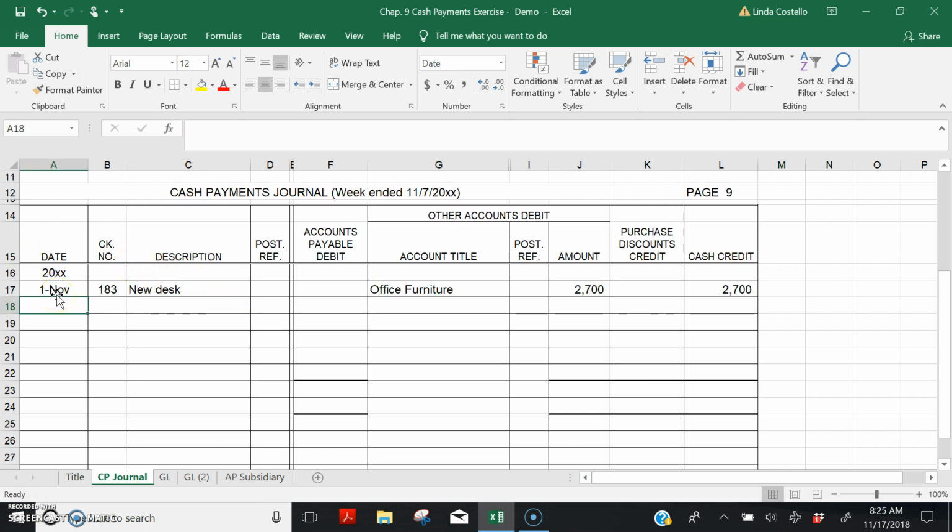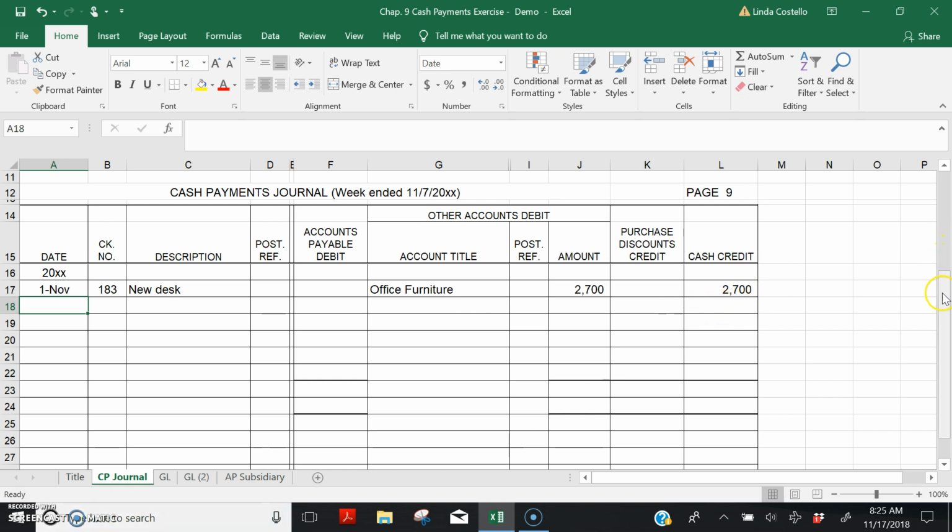Date November 1st, check number 183, description new desk, account title office furniture, debit $2,700, cash credit $2,700.